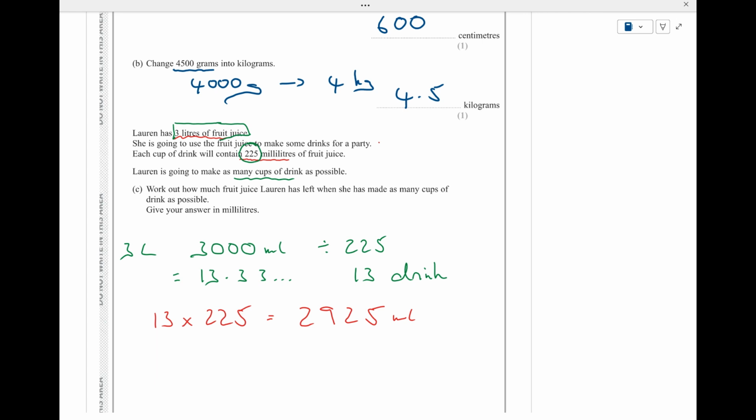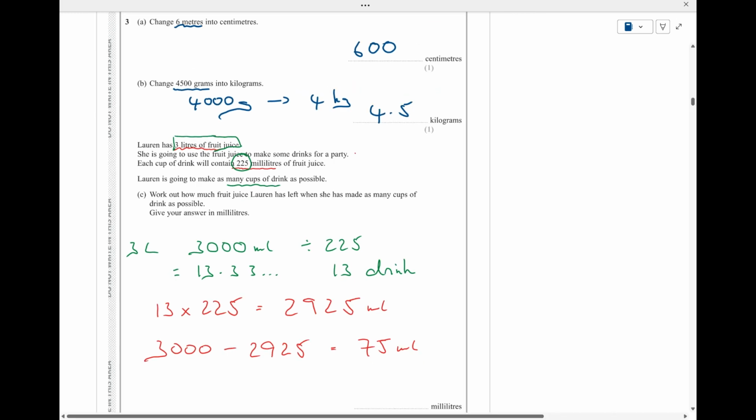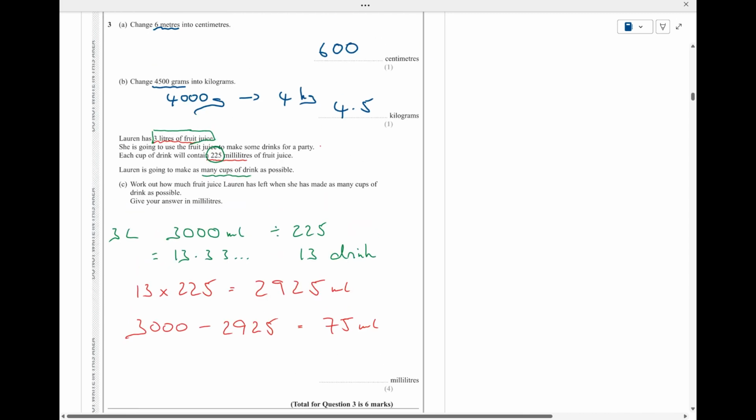And the question is, how much would she have left? Well, she started with 3,000. So I'm going to do 3,000 minus 2,925, to tell me that she has 75 milliliters of the juice left. Okay, that's question 3 done.